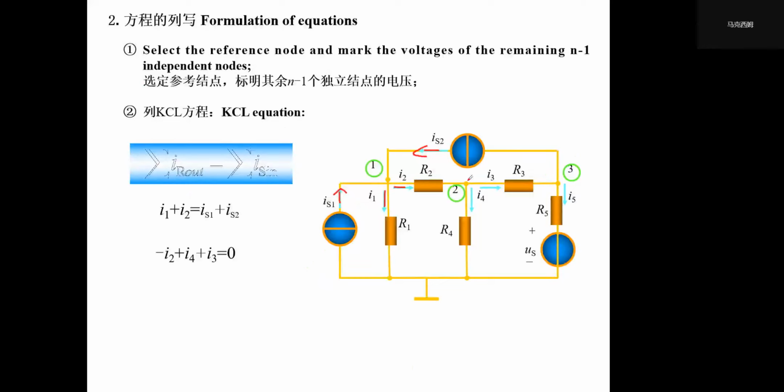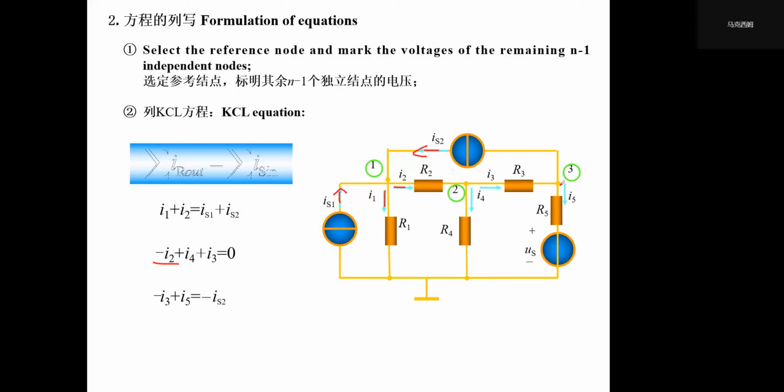For node 2, we have I2 coming in, I3, I4 coming out, so we give a negative sign for I2. For node 3, we have IS2 going out, I5 going out, and I3 going in. So then we have these KCL equations for all the three nodes.